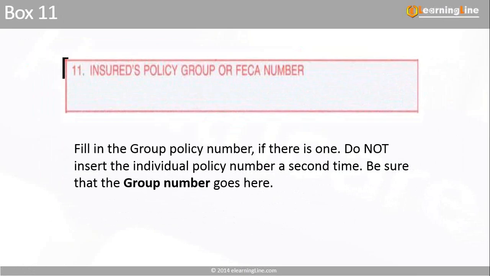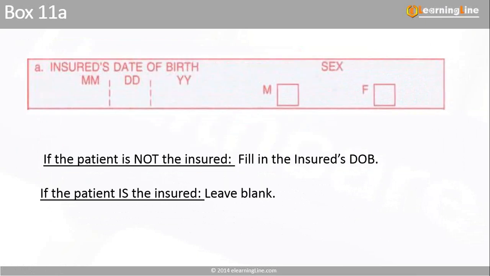This field is only applicable to the member where they are in an employer-employee relationship, where you have an employer who is offering the insurance and you have taken the insurance from them. Insured date of birth, gender, and the date has to go in the date format, which is your MMDDYY. And then based on the gender, if the patient is insured, leave blank.